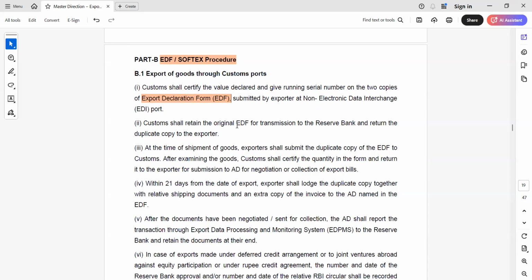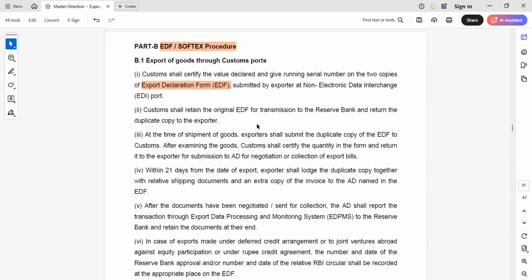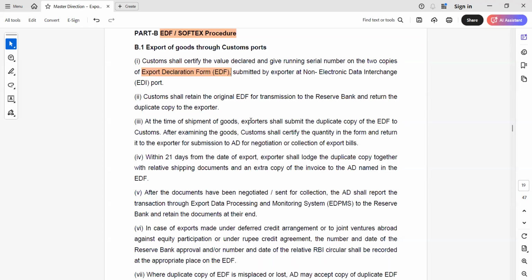Customs shall retain the original EDF for transmission to Reserve Bank and return the duplicate copy to the exporter. At the time of shipment of goods, the exporter shall submit the duplicate copy of the EDF to customs. After examining the goods, customs shall certify the quantity in the form and return it to the exporter for submission to the AD for negotiation or collection of the export bill.